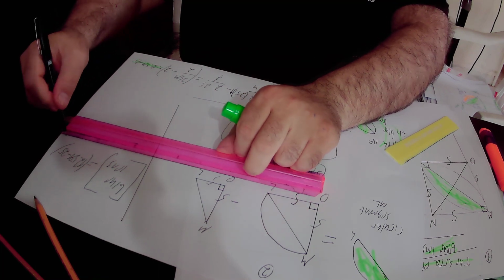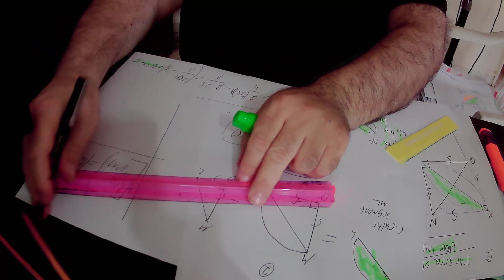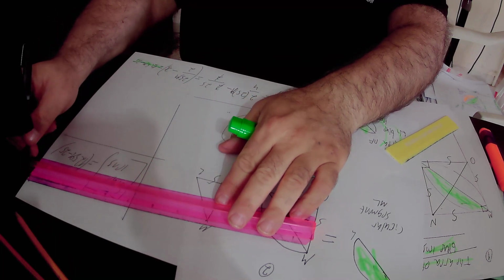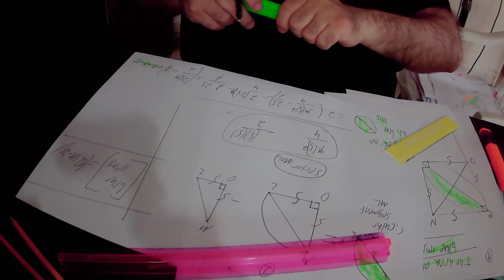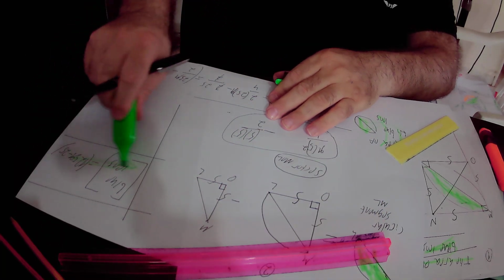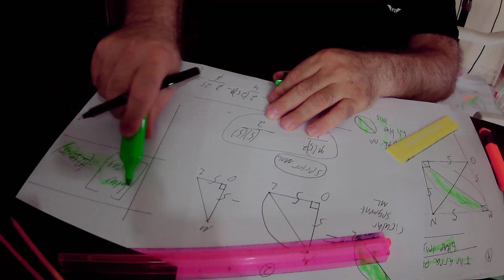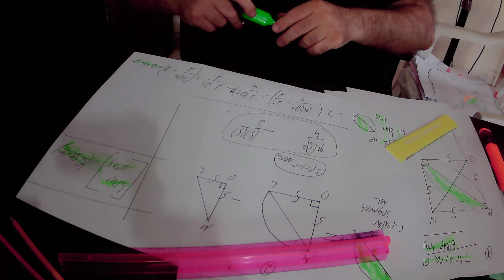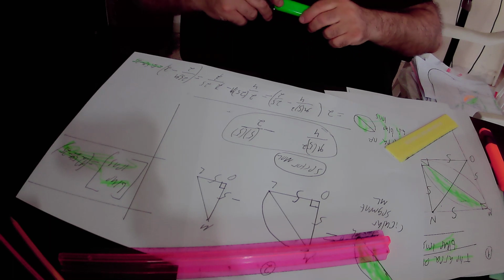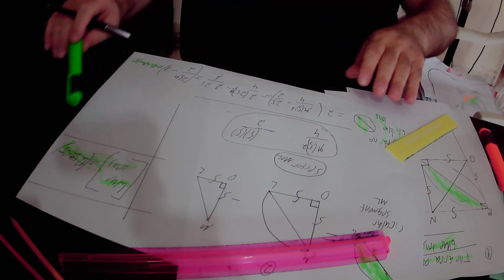We found the area of the blue lens. The area of the blue lens equals 12.5 pi minus 25. So we finished with the first step.